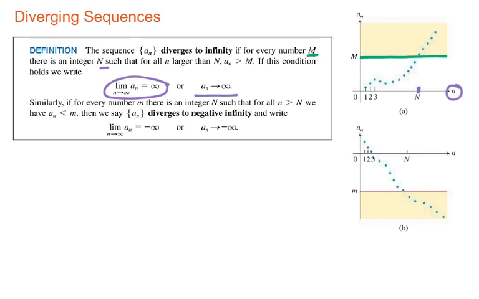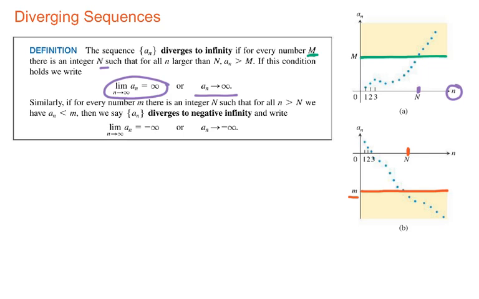Similarly, we could say it goes to negative infinity if there exists a number N, and we're using a lowercase m here on the bottom, because it's negative, below the x-axis. So we're saying a very small value, as opposed to capital M in the above picture, a very large value.